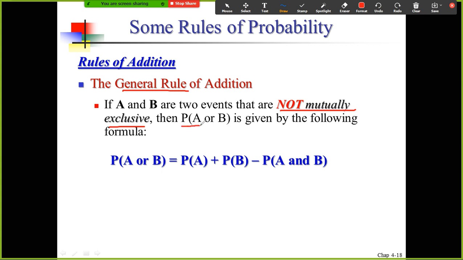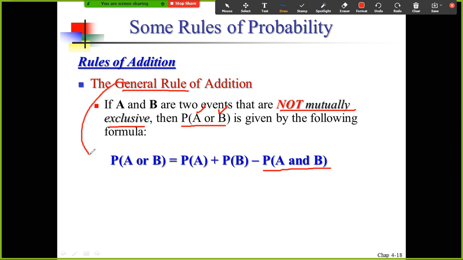Our purpose is to find the probability of A or B. That's why we don't want to see the probability of A and B together. So take the probability of A and B together away in order to find the probability of A or B.